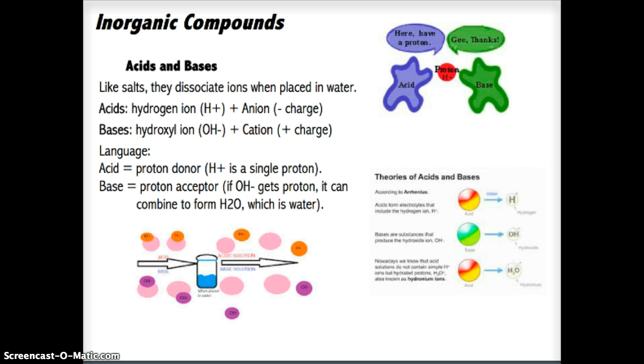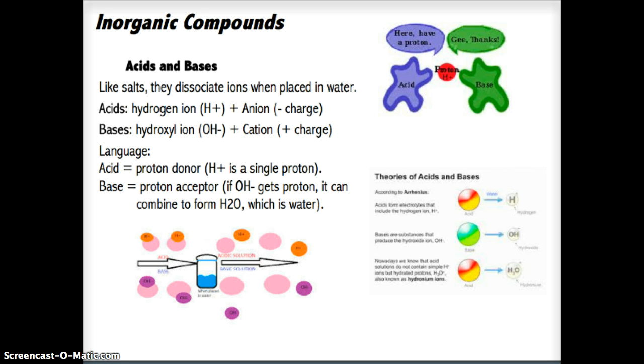And then there are acids and bases. These are a little hard to understand, but like salts, when they are put in water, they dissociate into ions. Here, though, the ions are specifically hydrogen ions or hydroxyl ions. Hydrogen ions are basically H+. Since the hydrogen ion is very small, it's basically a proton that's left without an electron.